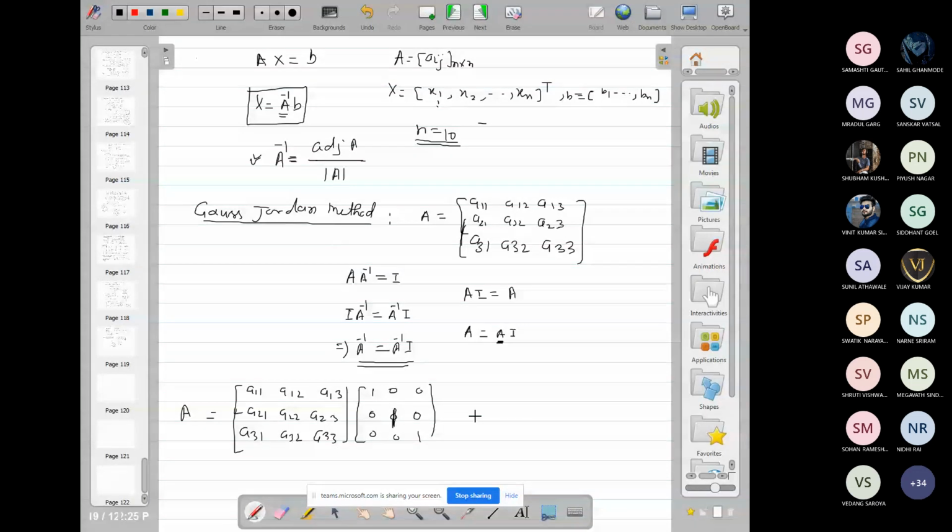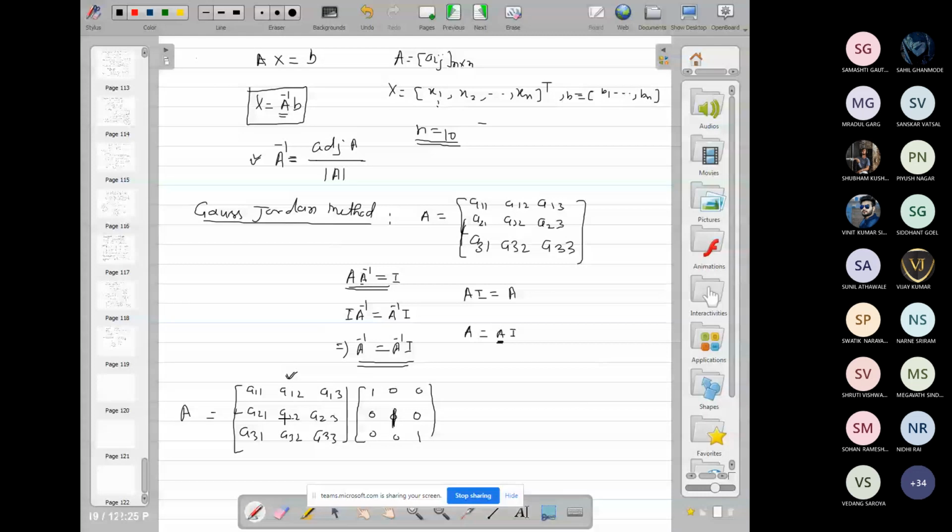Now we try to convert this matrix into the identity matrix. From A = AI we obtained A inverse = A inverse I. So when we convert this matrix to A inverse I, we need to convert this matrix into the identity matrix, then it becomes A inverse.